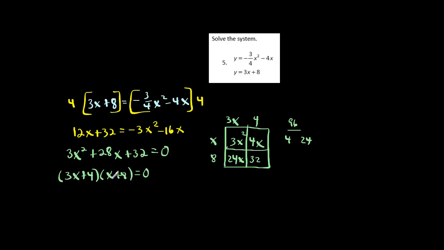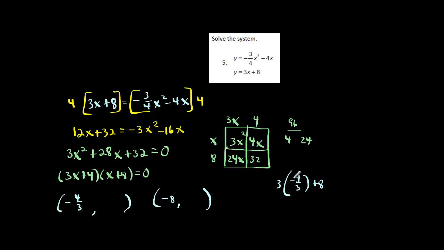That's going to give me two answers. The first answer is negative 4/3, and the second answer is negative 8. So what we can do is plug these in for x here and solve for y. If I plug in negative 4/3 for x, I'm going to have 3 times negative 4/3 plus 8.